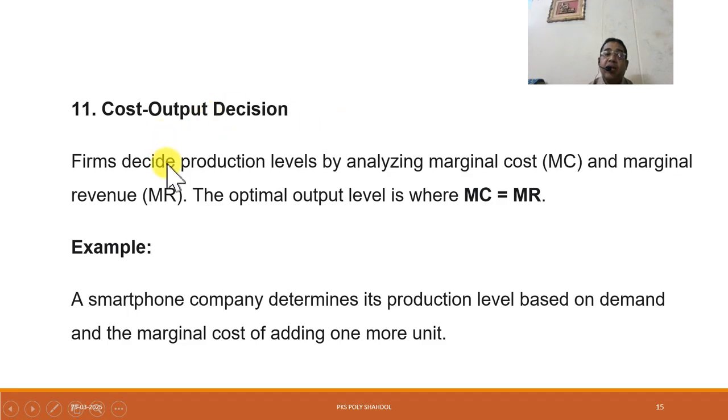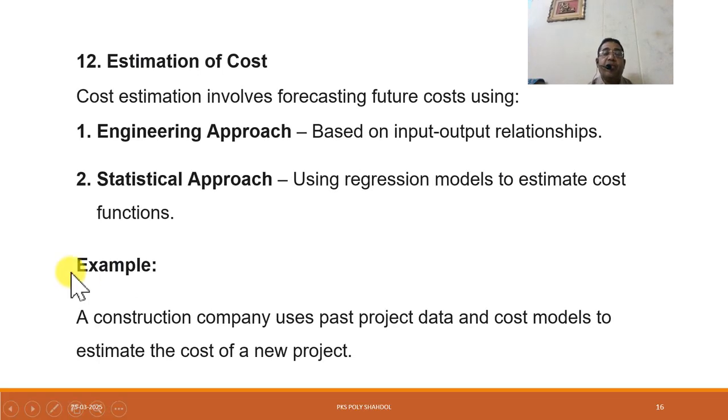Then you have to decide whether to add on or not. So this is the cost output decision.